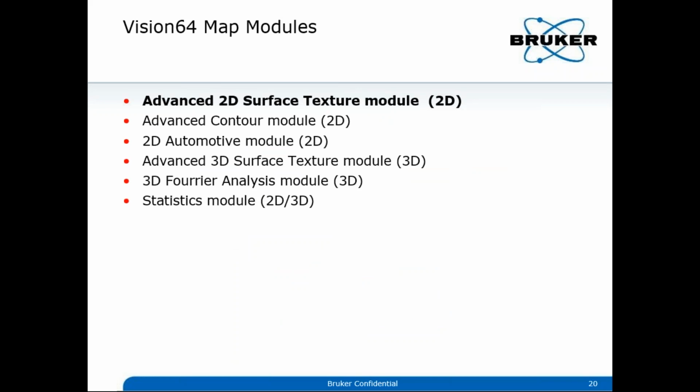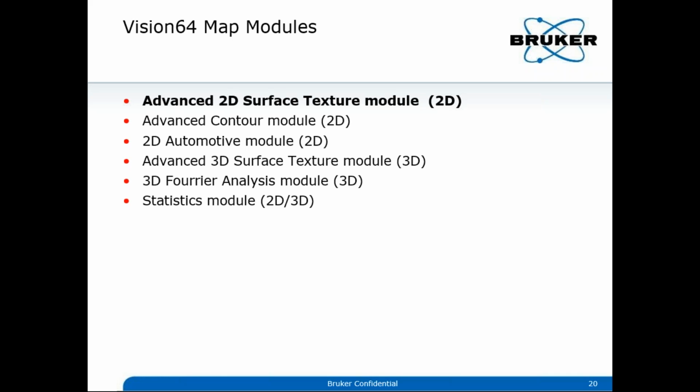So let me go through the Vision64 Map modules. These are the optional modules, and you may need all of them depending on your needs. It includes the advanced 2D surface texture module. You also have the advanced contour module.